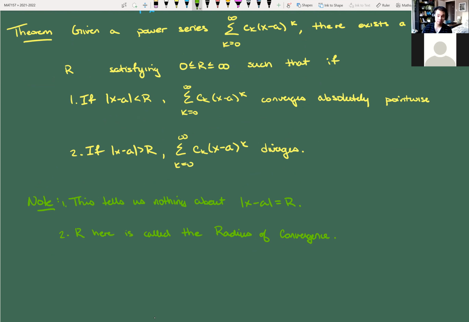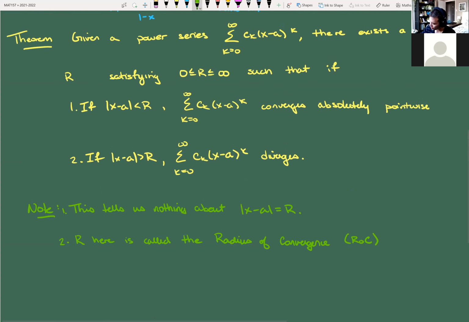Which I might, depending on if I'm feeling lazy, abbreviate as ROC, like that, because we're going to have to write it a couple times, and I don't necessarily want to write it down every single time. But the radius of convergence, okay? And again, like I said, we're always going to look at these symmetric intervals. So we're thinking of this thing as being a ball, and if it's a ball, this is its radius. And when you do this in higher dimensions, it's literally a ball. Okay, so again, stare at that.